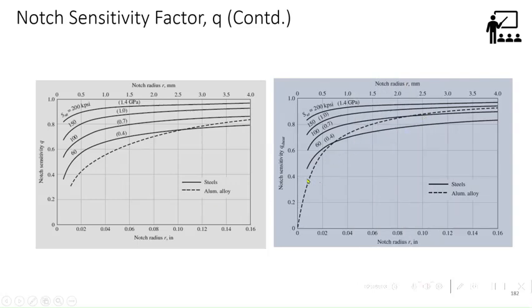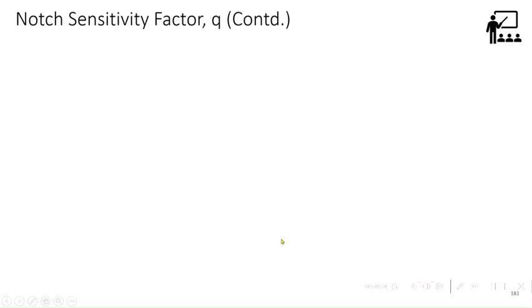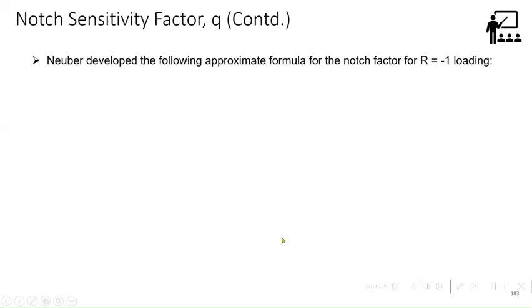So to get q, if you know the plate with a circular hole or double notch or single edge notch, you know the radius r in inch or mm, then you can find q. Once you know q, and once you know Kt, whether from FEM or Peterson, then you can calculate Kf.